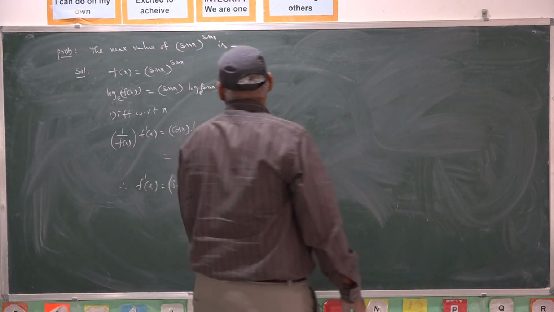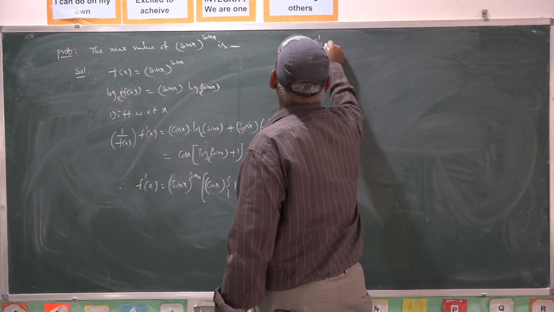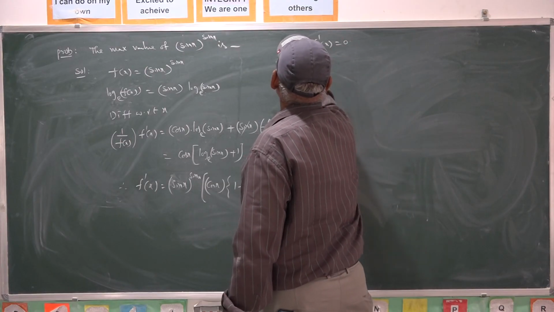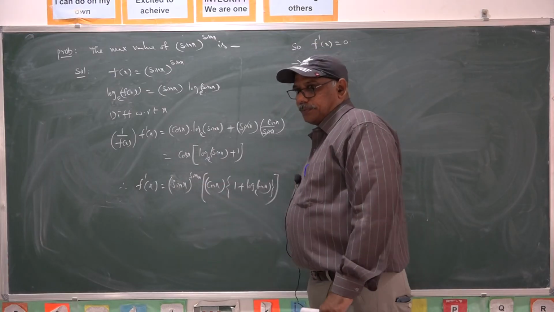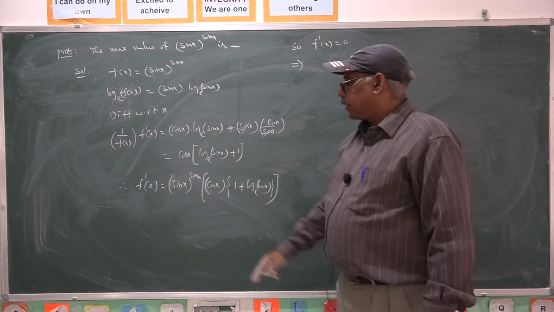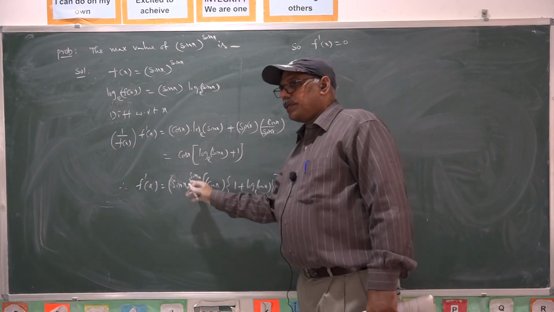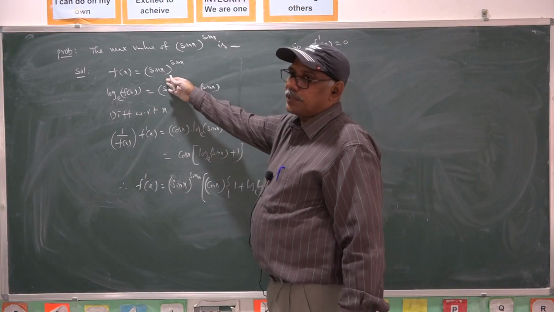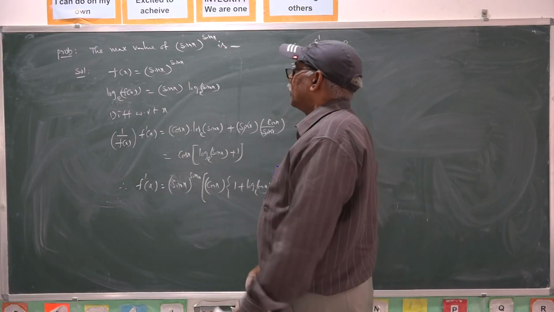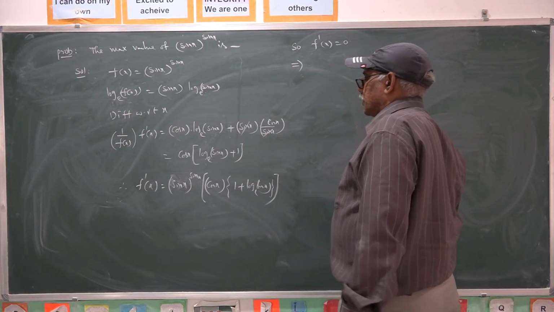So either to get the maximum value or the minimum value, f dash x is 0. So f dash x equal to 0 implies, the exponential never can be 0. Once it is 0, the function itself is 0, a constant function, so the maximum or minimum would be 0 itself in such a case.